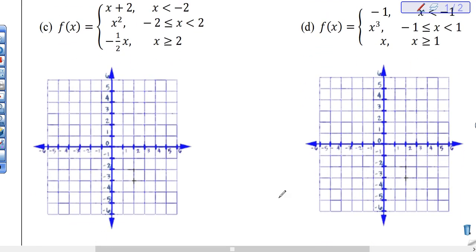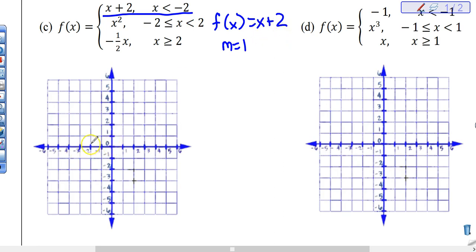Okay, here we go. C. I'm going back to my blue pen to do my first piece. So I'm graphing f of x equals x plus 2. That's linear, right? For sure, that's linear. And it's got a slope of 1. So that's always useful when I'm graphing a line, positive slope. So definitely increasing. Defined for the interval x is less than -2. So let's plug a -2 into our equation. -2 plus 2 is 0.